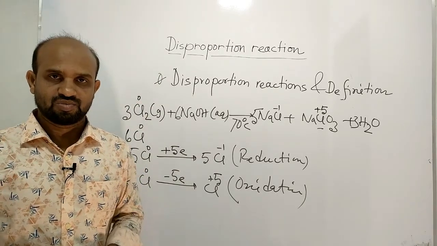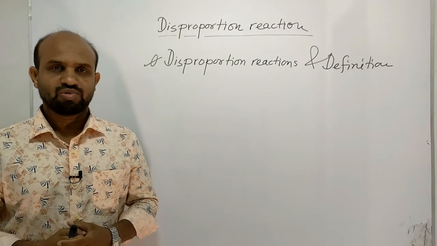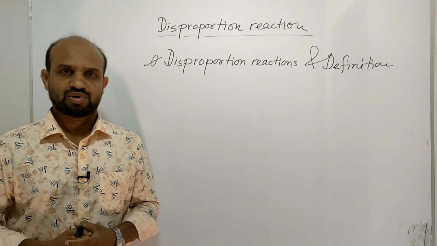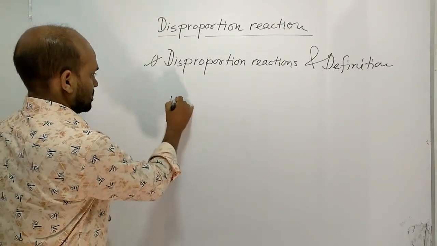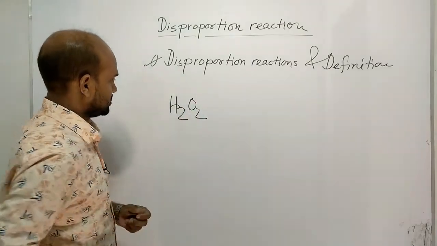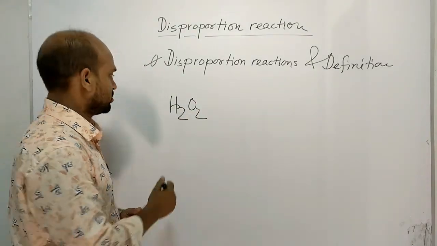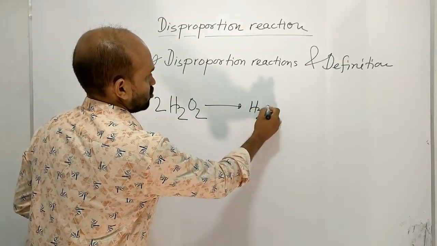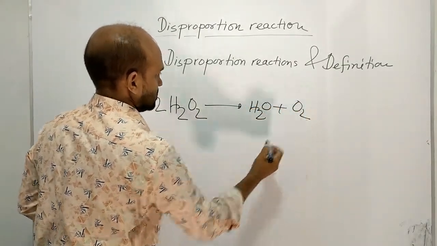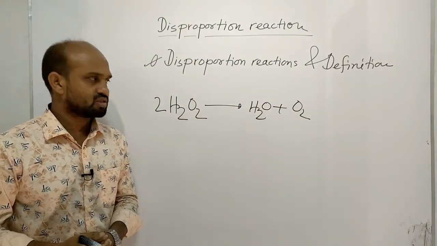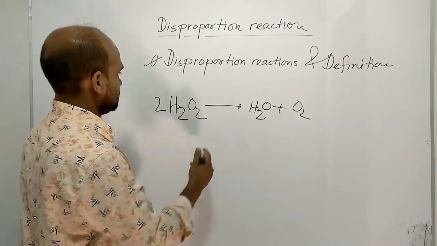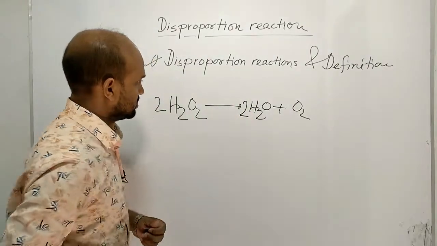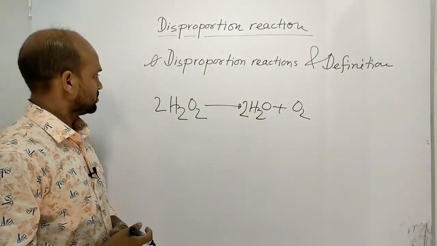Let's see another example. Now the example is the decomposition of hydrogen peroxide. Hydrogen peroxide is a kind of unstable molecule which decomposes to water and oxygen. If the reaction is balanced, then here there will be 2.